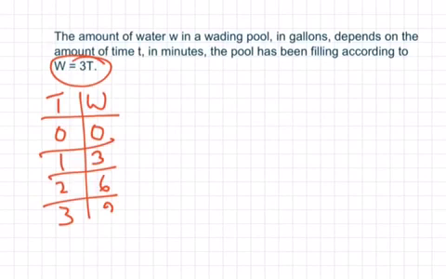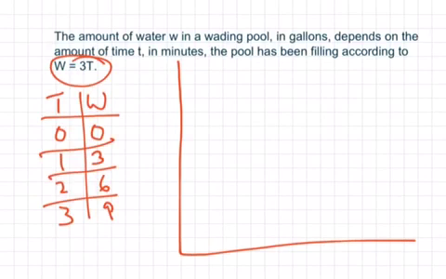So if I graph this, here's my t-axis and here's my w-axis for y, and I'm at 0, 0, I'm at 1, 3, I'm at 2, 6, and I'm at 3, 9.